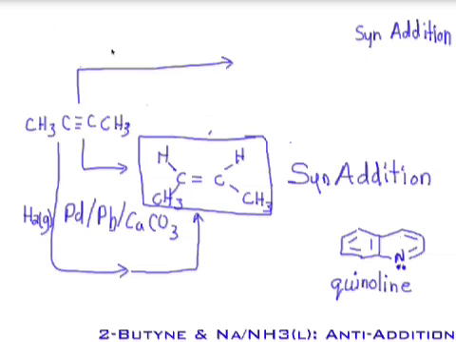and we can hit it with sodium metal in liquid ammonia. Be careful. This reagent looks a lot like, well, what does that give us? That gives us the trans.